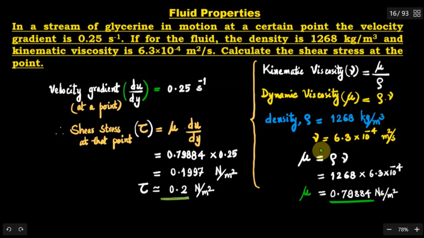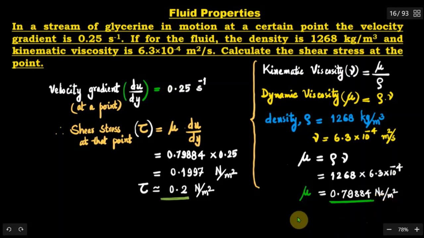Kinematic viscosity nu is equal to 6.3 into 10 raised to minus 4 meter square per second. So you take the product of the two, you will get the dynamic viscosity mu. So mu is equal to 1268 multiplied by 6.3 into 10 raised to minus 4. So you will get dynamic viscosity of glycerin is equal to 0.79884 Newton second per meter square, or Pascal second.